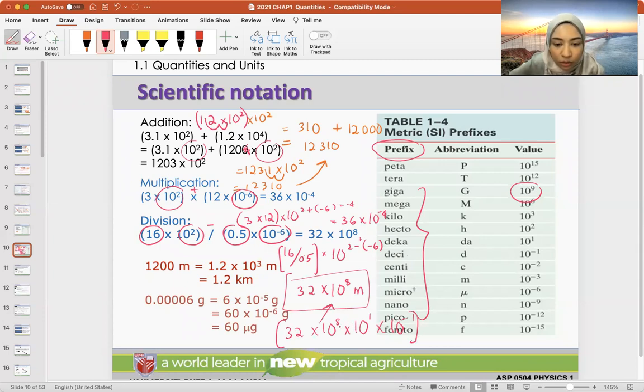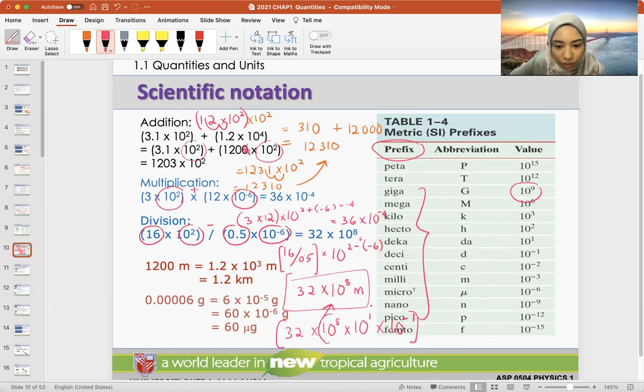So you have 32 times 10 to the 8, which is the same. 10 to the power of 1 times 10 to the power of minus 1 should give me 1 because they cancel out with each other.